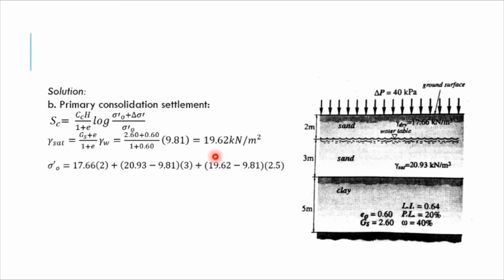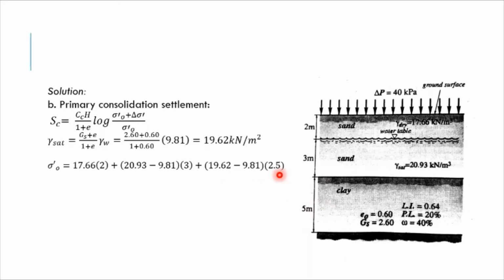So now we can get the overburden pressure at the mid height of the clay layer, so that would be 2.5 and 17.66 times 2, plus the buoyant unit weight of this soil, which is 20.93 minus 9.81 multiplied by 3, plus the buoyant unit weight of this soil, 19.62 minus 9.81 multiplied by 2.5, because we just have to consider the overburden pressure at the mid-height of the clay layer.